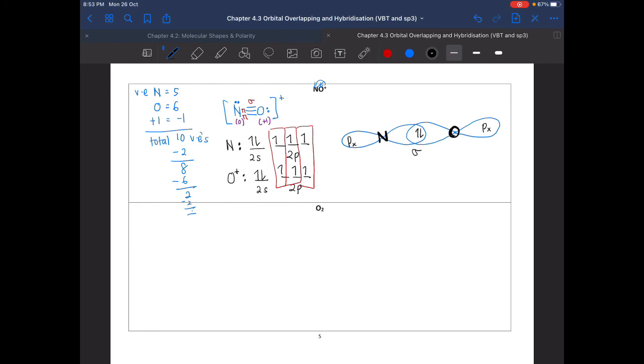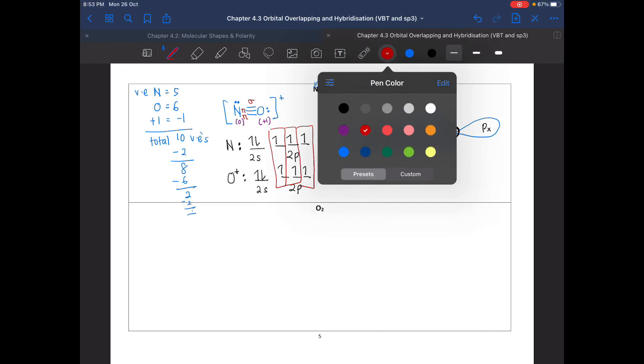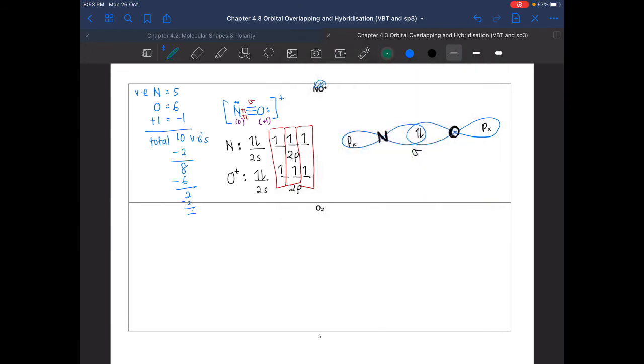Okay, so kita label. And then kita tahu ada pi bond juga. So dekat N ada lagi, kita kena draw ini pula. So kita draw 2p yang menegak. So let us use a different colour. So let's say colour hijau tadi. Okay. So the same for O, sebab overlapping dia sama.